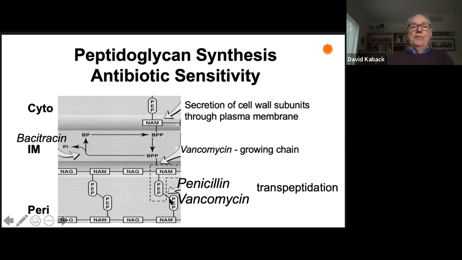Vancomycin also affects the polymerization of the polymer, so it has multiple enzymatic targets. Bacitracin is involved in recycling the synthetic apparatus, again, something you don't have to really remember.